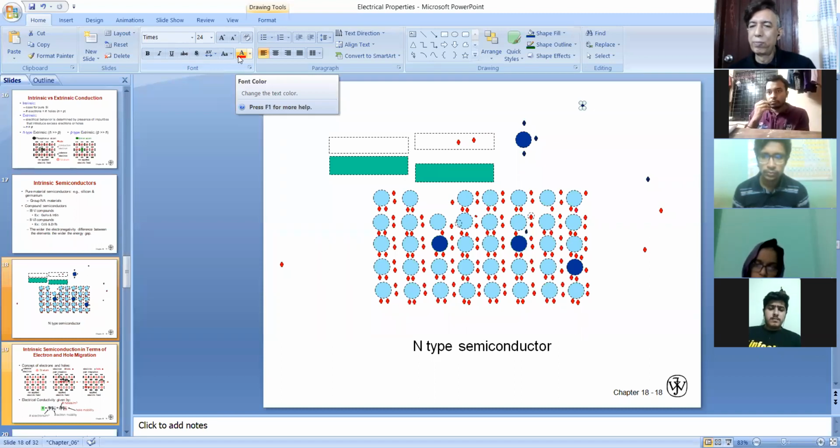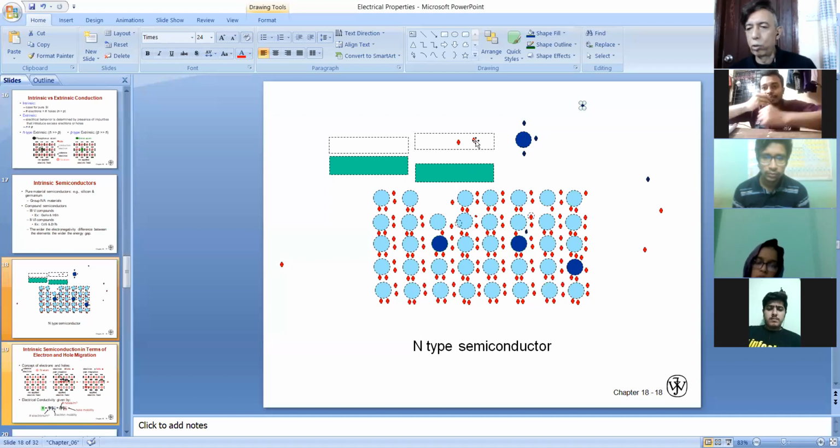Here is 1 hole, here is 1 hole, and here is 1. 2 holes for these 2 electrons, and 3 holes for these 3 aluminum atoms. So you'll find 5 holes and 2 electrons.